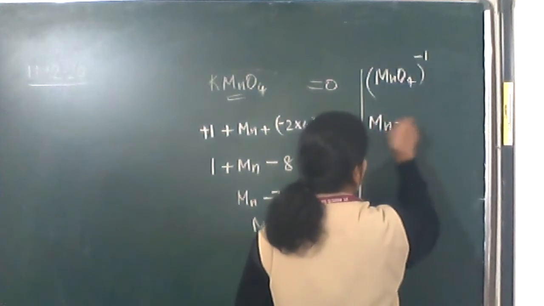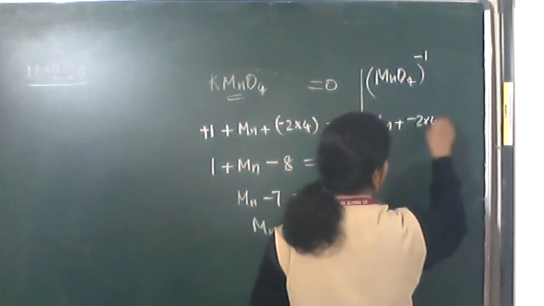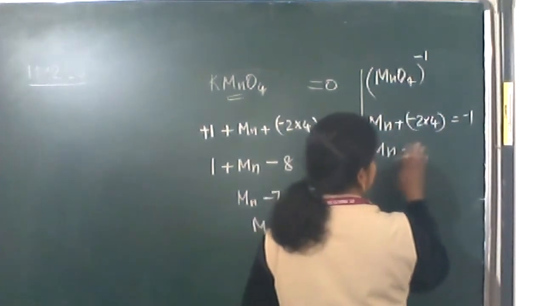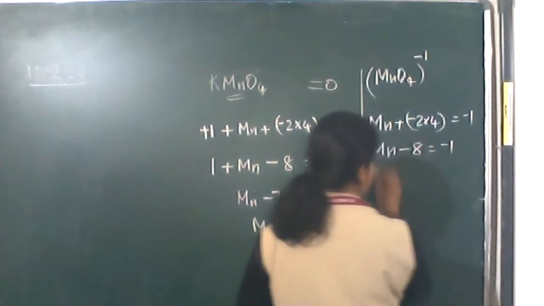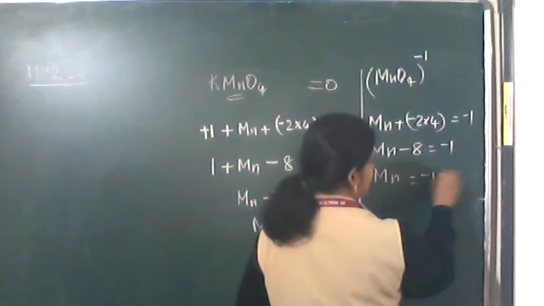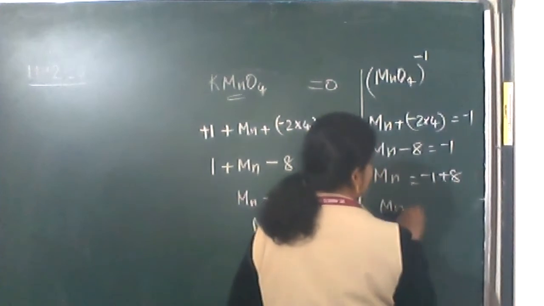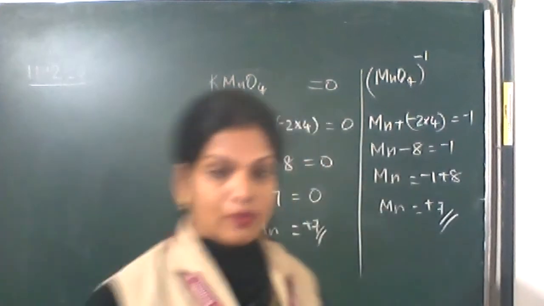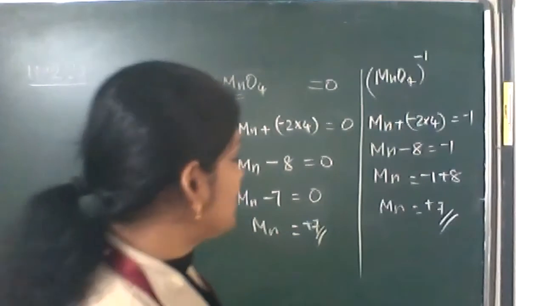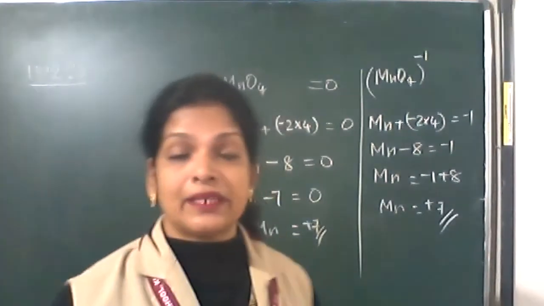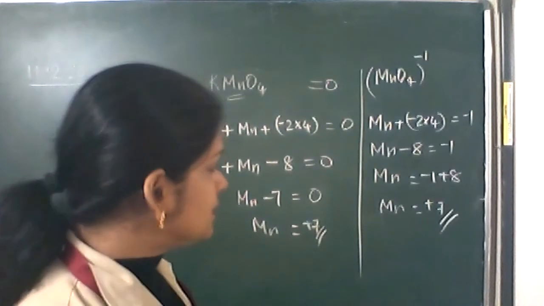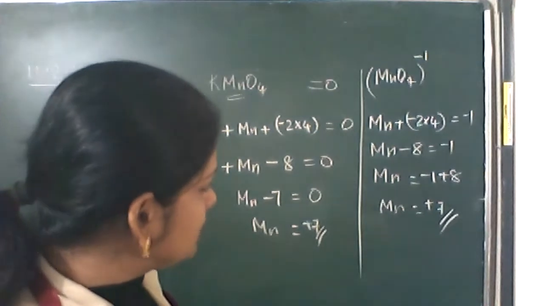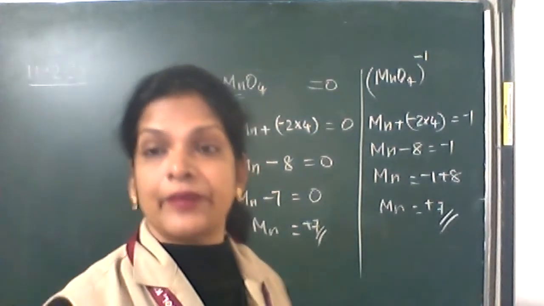So Mn plus minus 2 into 4 is equal to minus 1. Mn minus 8 is equal to minus 1, Mn is equal to minus 1 plus 8, so Mn is plus 7. Same thing. KMnO4 is the same as MnO4 minus. When you put KMnO4 in water, you get K plus and MnO4 minus; these ions are separated. So Mn's oxidation state in both is the same, plus 7.